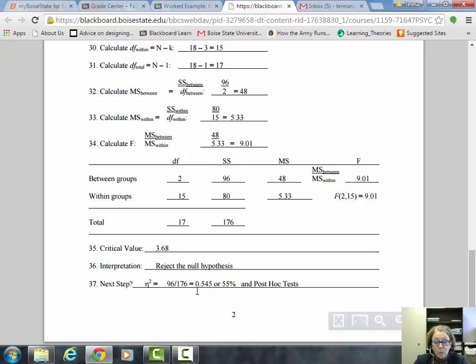And the way that we interpret this is we transform the value into a percentage. So we're able to say that 55% of the variability amongst the scores can be attributed to the treatment effect, whatever that treatment effect was. And then we also would do post hoc tests. If you listen to my lecture on the PowerPoints, it gives you a little bit more information about both of these next steps. So hopefully walking through this problem will help you work the ANOVA worksheets a little bit better for all the problems that you encounter.